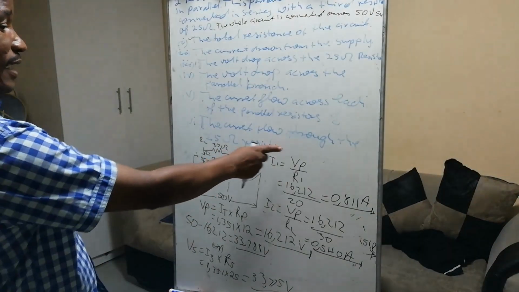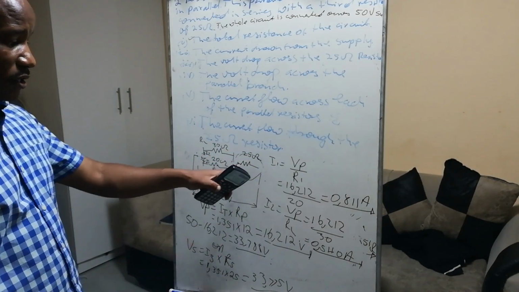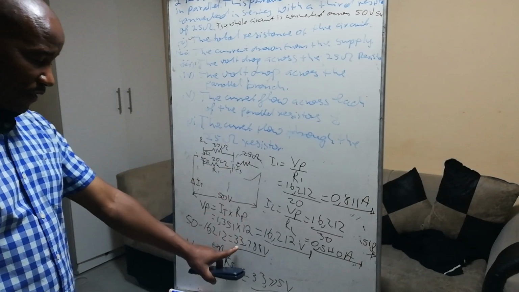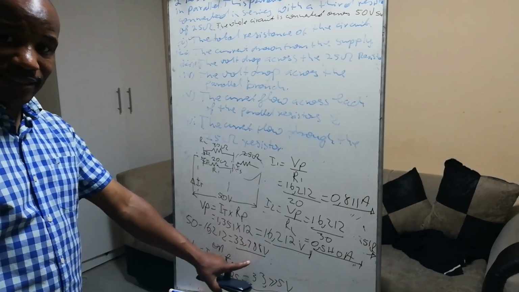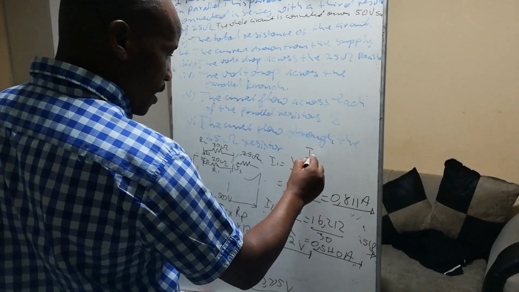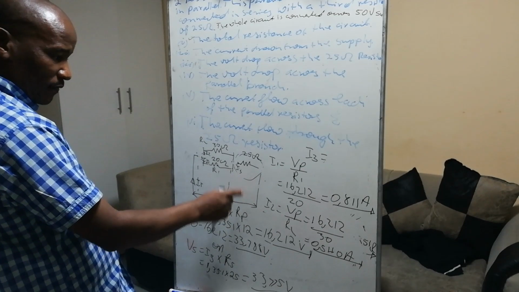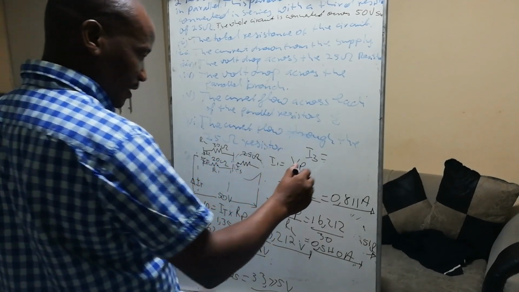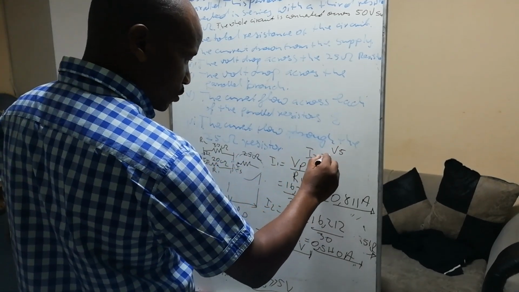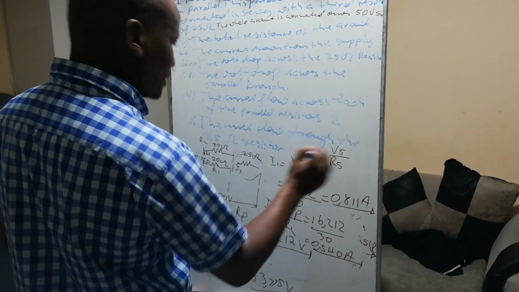And then they say the current flow across the 25 ohm resistor. The voltage drop there is 33,788. So it's equal to what? The current flow across I3, the current flow across this 25 ohm resistor, is V series over R series, which is R3.